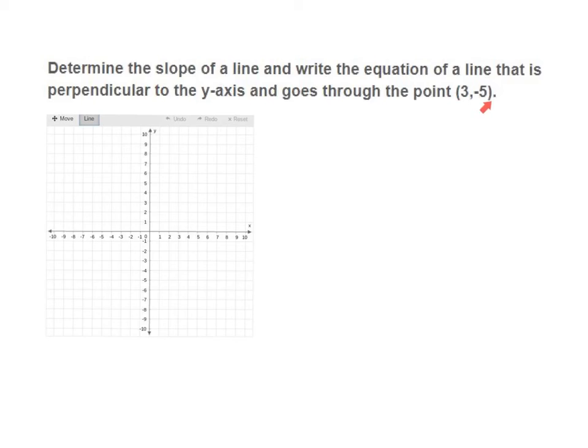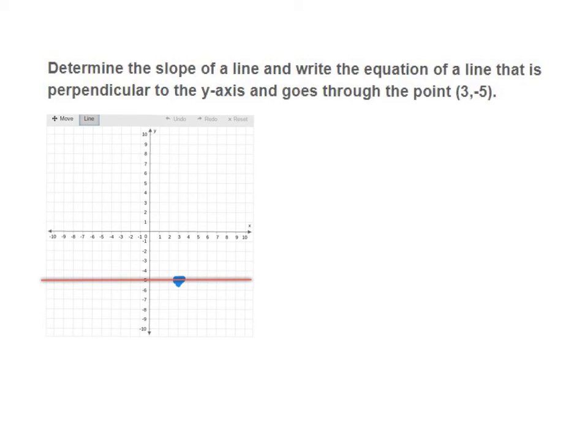So even though this is perpendicular, it's going to be an equation similar to the one we just did. So the point 3, -5, let's go ahead and locate that first. 3, -5 is right here. And again, it's perpendicular to the y-axis, so we can go ahead and draw that line here at -5, and that means the y is always equal to -5.